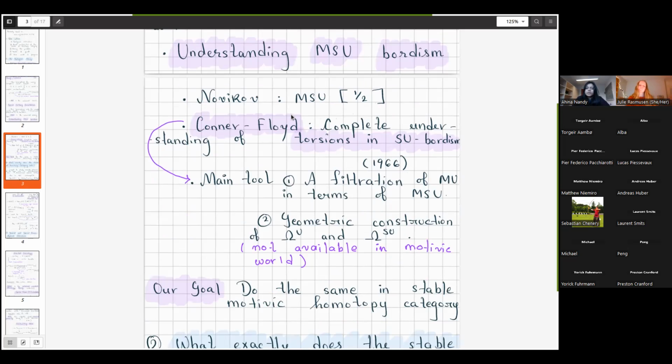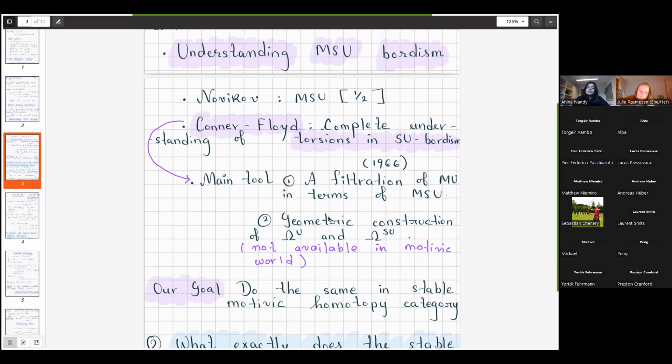And we are trying to do what Conner-Floyd did for special unitary bordism, for the correct notions in the stable A1 homotopy category. One of their main tools was a filtration of complex bordism MU in terms of the special unitary bordism MSU.